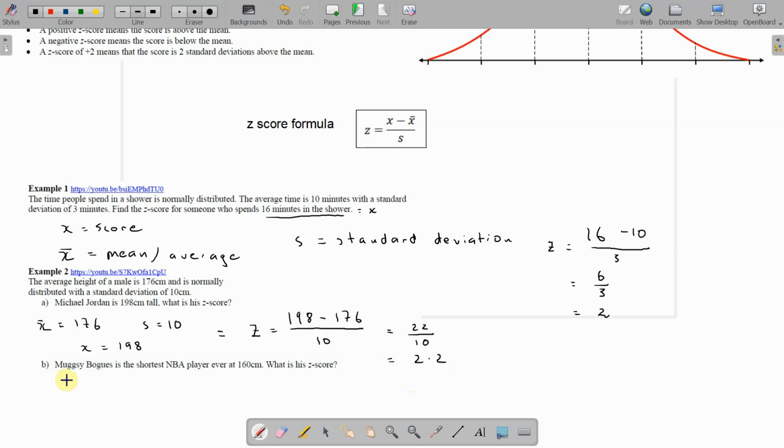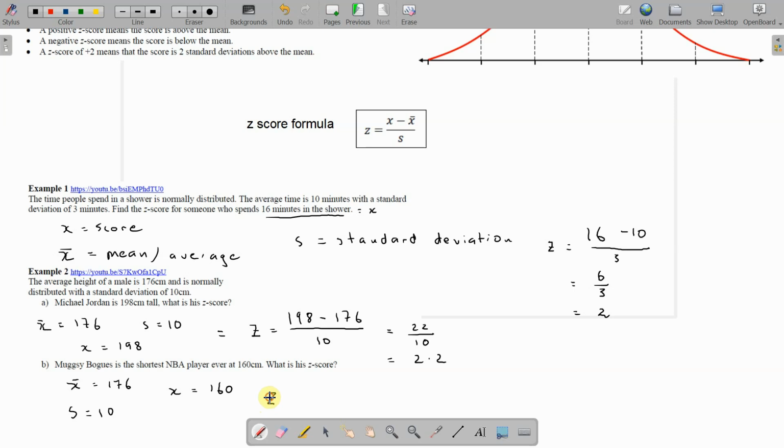Okay, Muggsy Bogues, shortest NBA player ever at 160. What's his Z score? Well, we've got the same X bar and the same standard deviation, 10, but his score is 160. That's how tall he is.